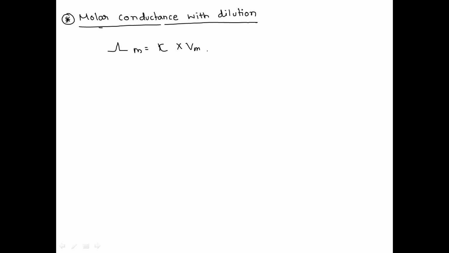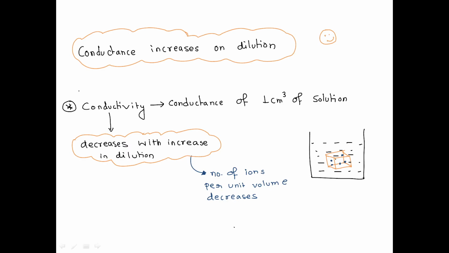If you add more and more water, your Vm will increase. But if you go back to the previous slide, what about conductivity with dilution? If you add more water, the conductivity of that solution will decrease, because conductivity decreases with increase in dilution.